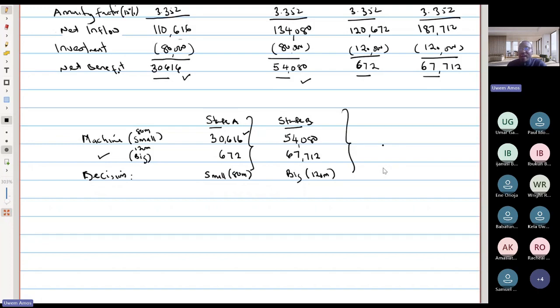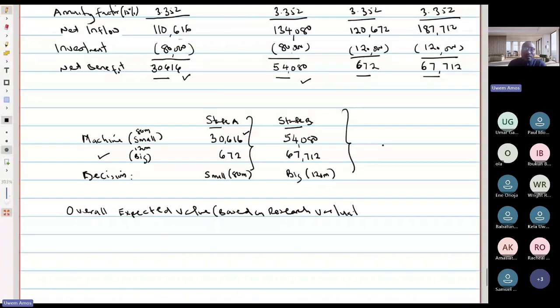So let's now find the overall expected value based on our calculation, based on the research, assuming we take in the research valuation. Okay, so what would be our overall value?